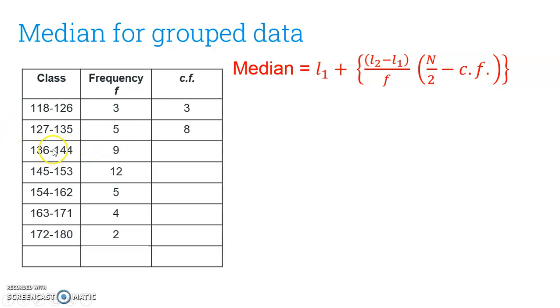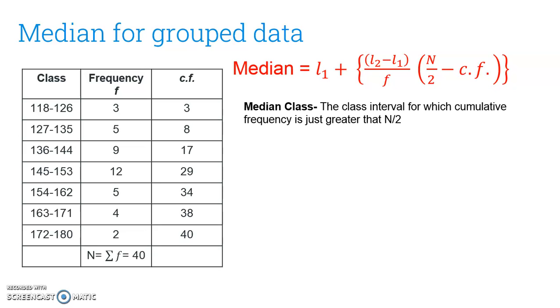For the next interval, we add all the previous frequencies, that is 3 plus 5 plus 9, which is 17. By considering this rule, we can calculate cumulative frequencies for all the values mentioned. Now we have found the column of cumulative frequency.